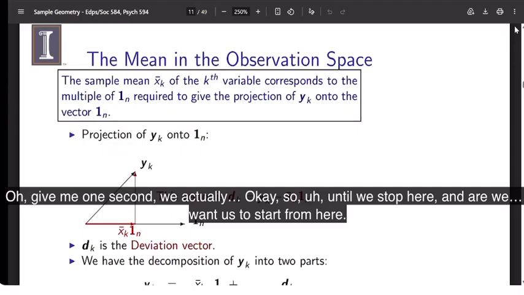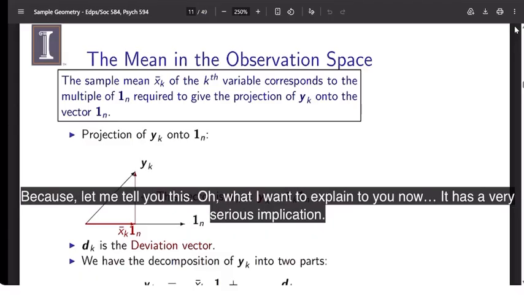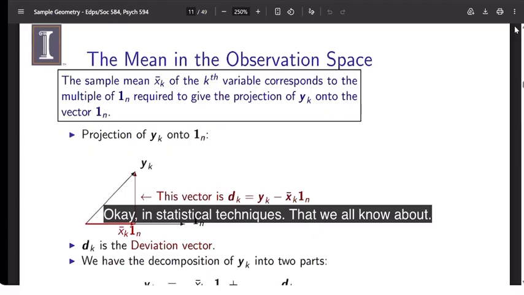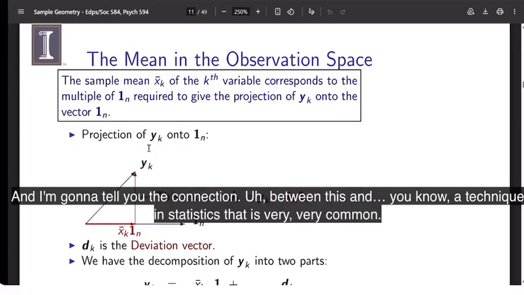What I want to explain to you now has a very serious implication in statistical techniques that we all know about. Let me discuss this, and I'm going to tell you the connection between this and a technique in statistics that is very, very common.